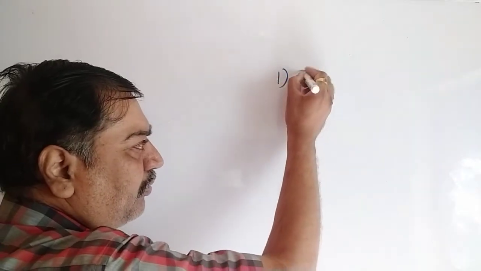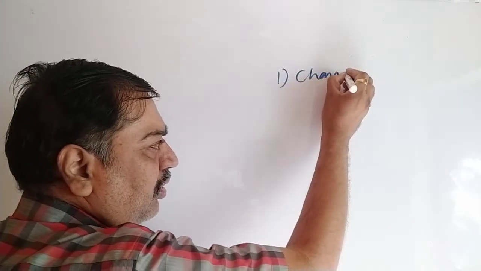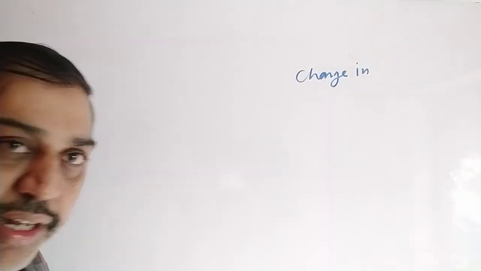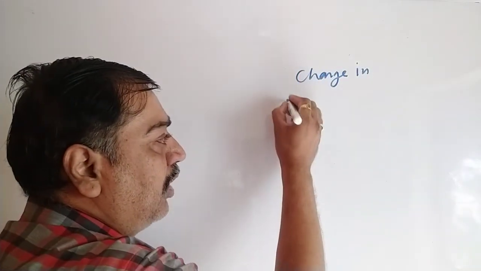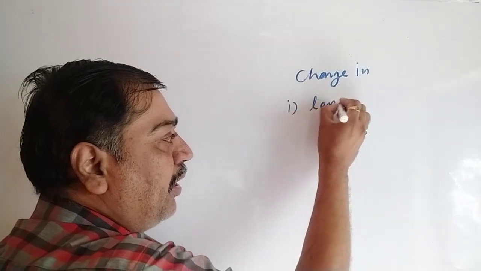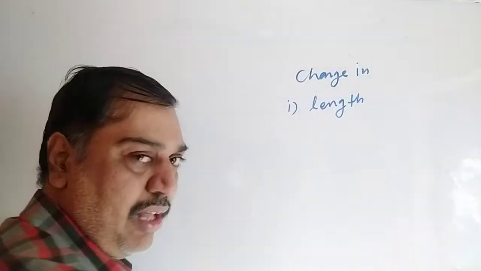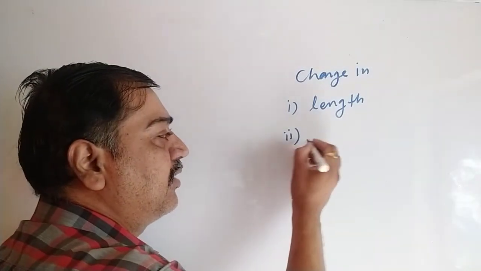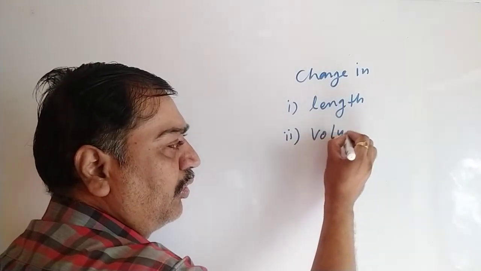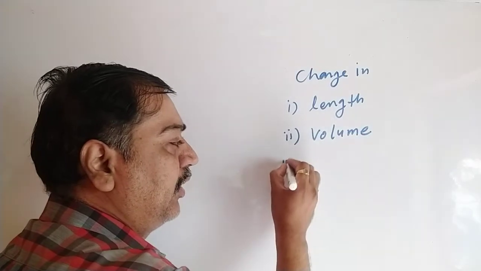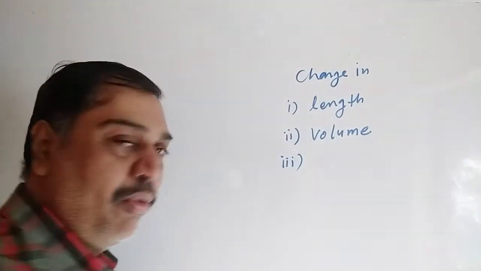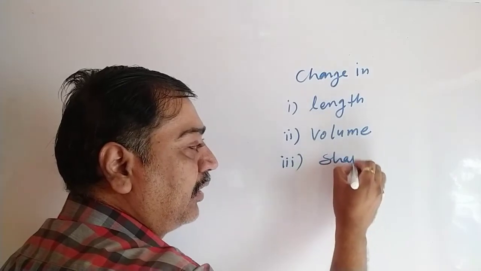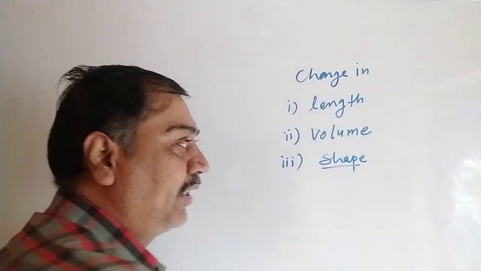There are three changes basically in the material. First, either the length of the material gets changed, or its volume gets changed, or third, the shape of the material gets changed.